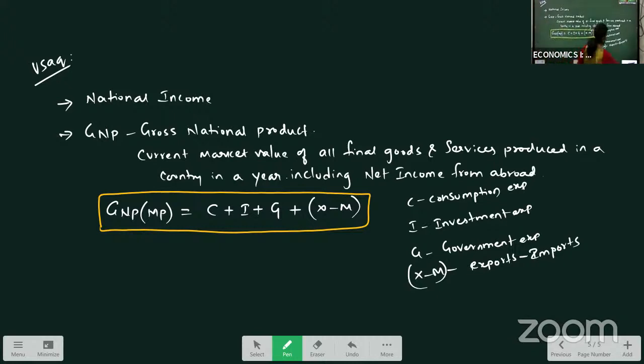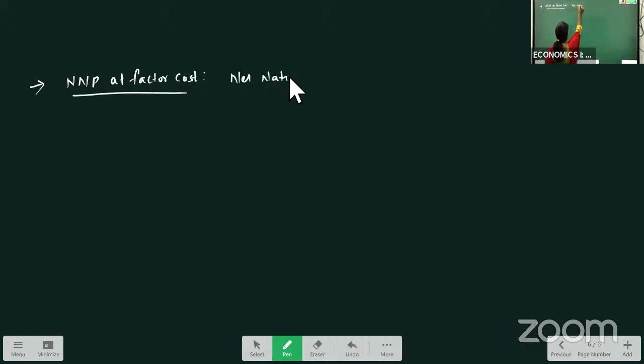Now, the next VSAQ. Next question is NNP at factor cost, the net national product at factor cost.